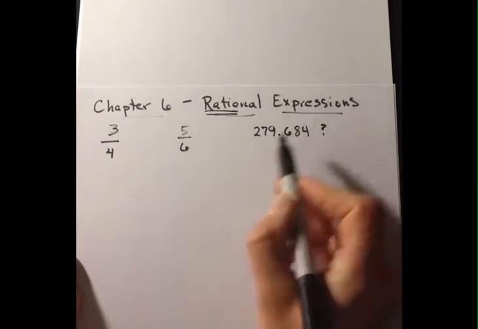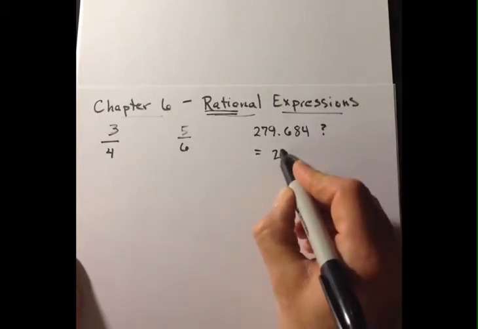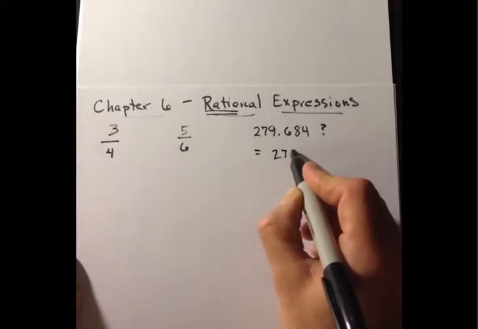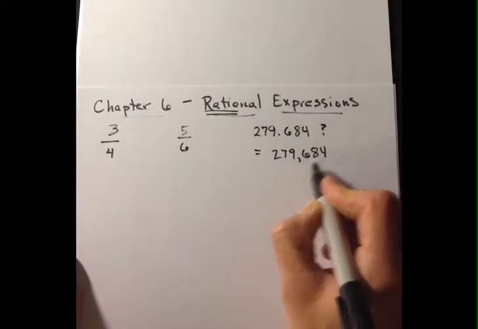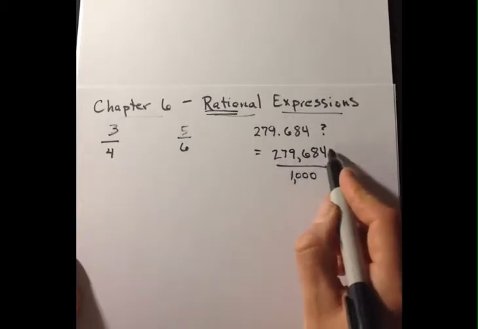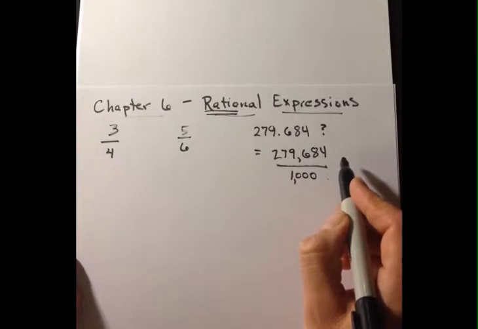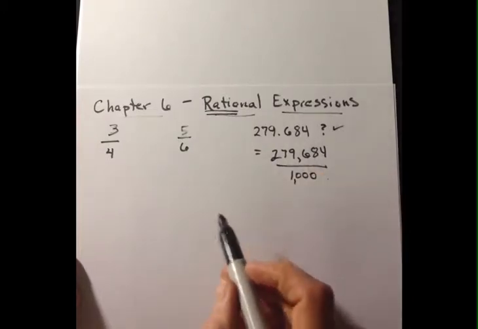Really? Yes, because 279.684 is the same thing as 279,684 divided by 1,000, which is a ratio of two integers. So it is a rational number.